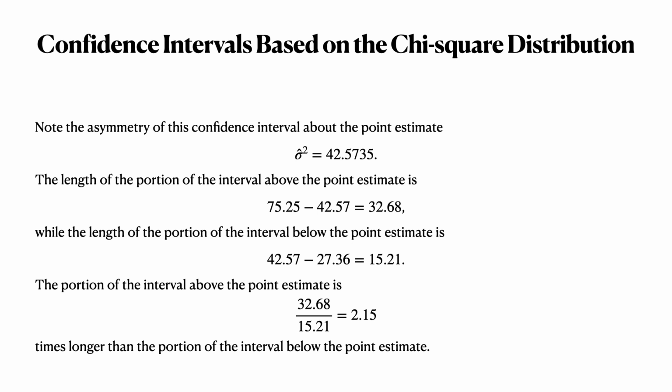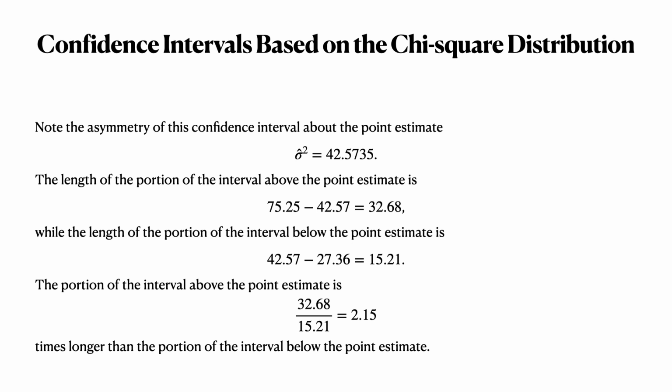Now note the asymmetry of this confidence interval about the point estimate, sigma hat squared equal to 42.5735. The length of the portion of the interval above the point estimate is equal to 32.68, while the length of the portion of the interval below the point estimate is 15.21.